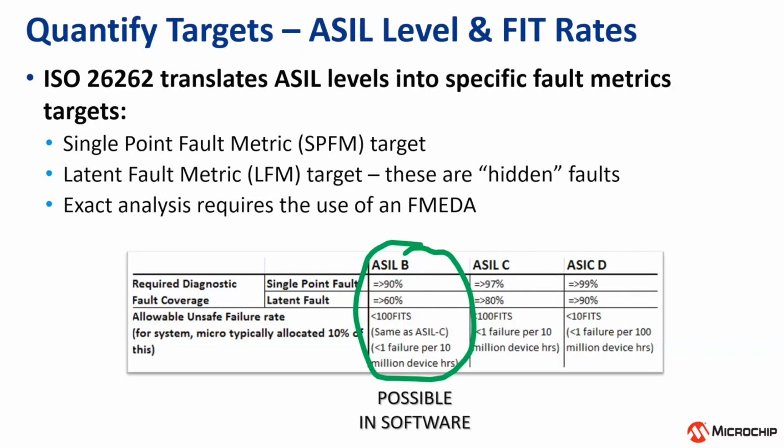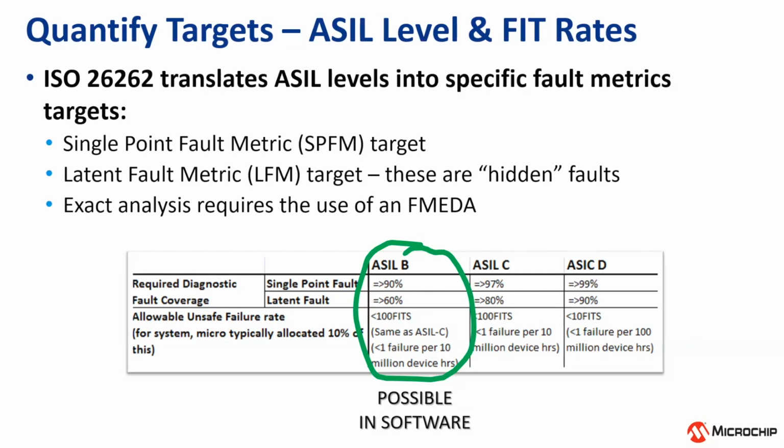These really boil down to diagnostic coverage. So the diagnostic coverage feeds into the formulas that determine these metrics. Single point fault metric is pretty self-explanatory, a single point of failure.